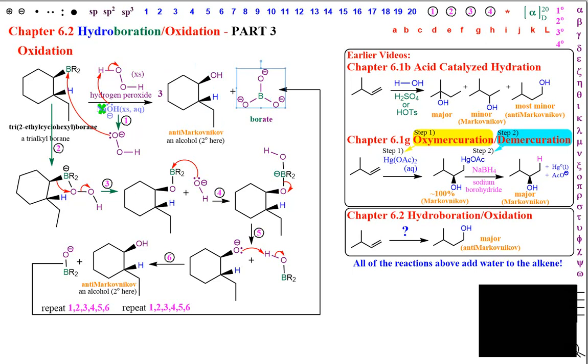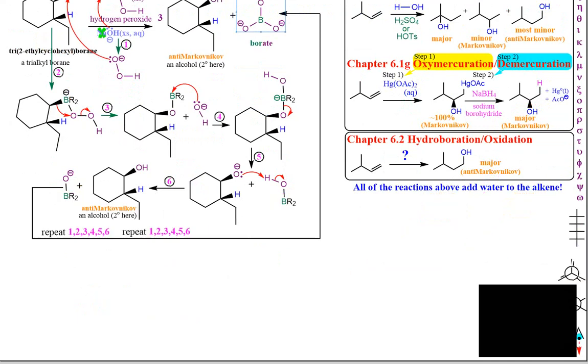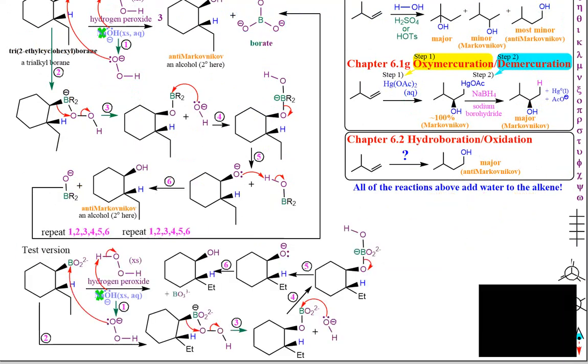On a test, I would test you this way, and I will have the full mechanism summarized down here. So on the test, I'll have the first 2 reactions already completed. You will only show me the 3rd time you make the alcohol. Once again, acid-base step 1 and step 6.